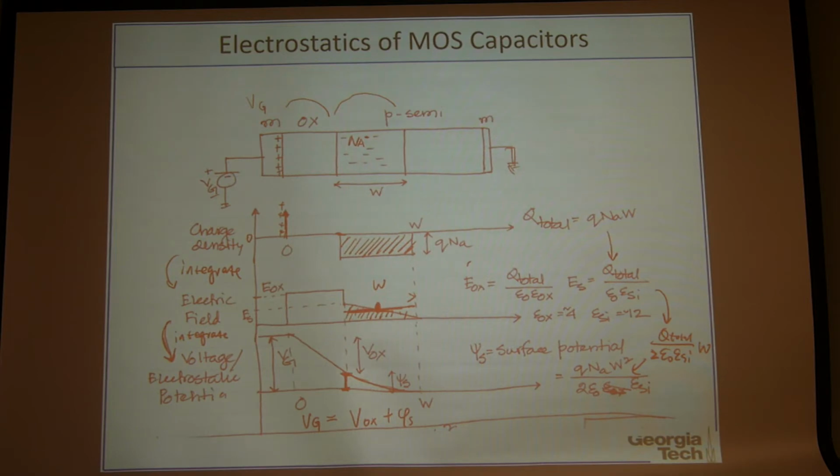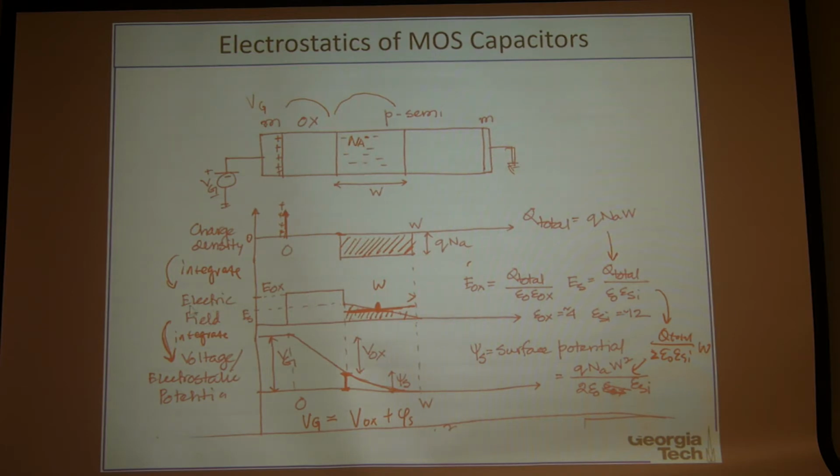So you will get the electric field. In the silicon, the electric field linearly decays from the surface to the edge of the depletion region, while in the oxide, the electric field is constant.